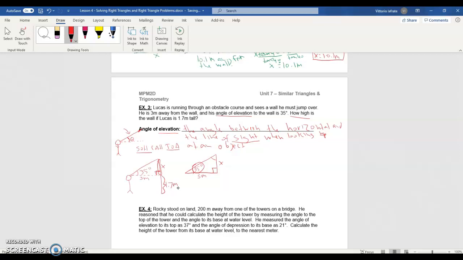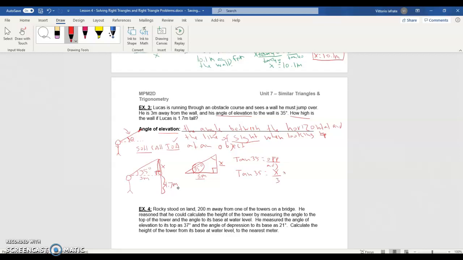So we have adjacent, and we have opposite. So that means we're dealing with tan. So we know that tan of 35 is equal to opposite over adjacent. So tan of 35 is equal to opposite, which is x, over adjacent, which is 3.